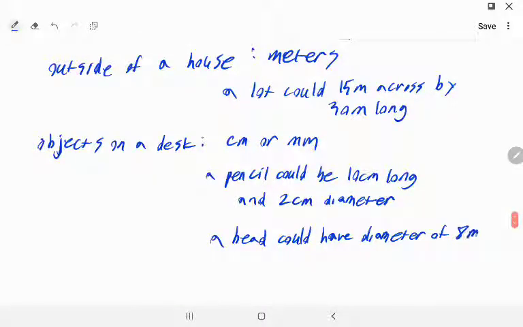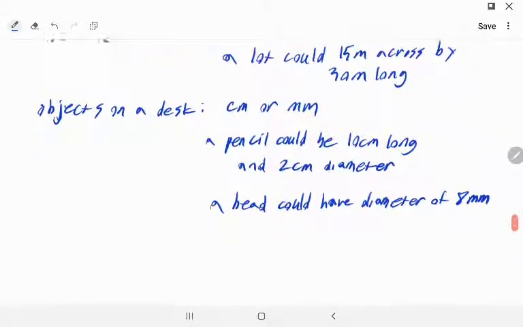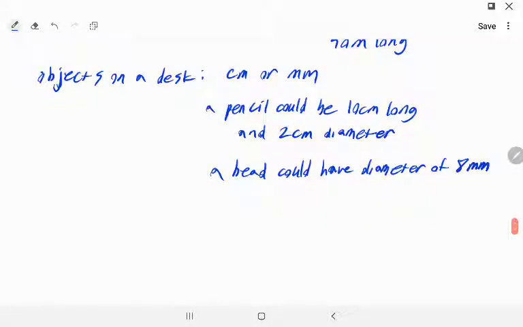And so you notice that if we have that bead with 8 millimeter diameter, what would that be in kilometers?